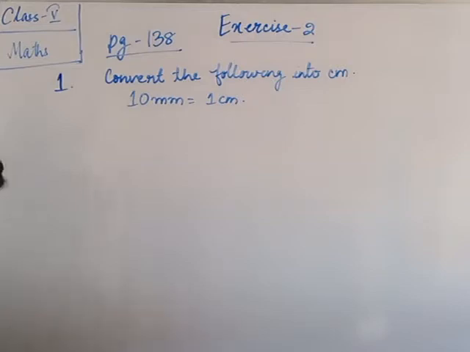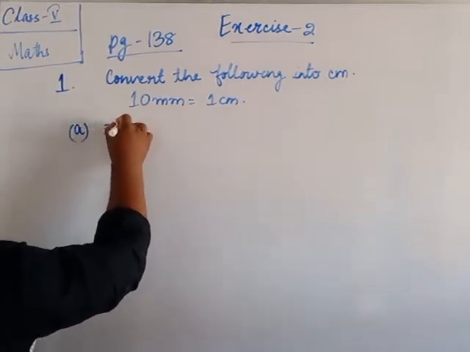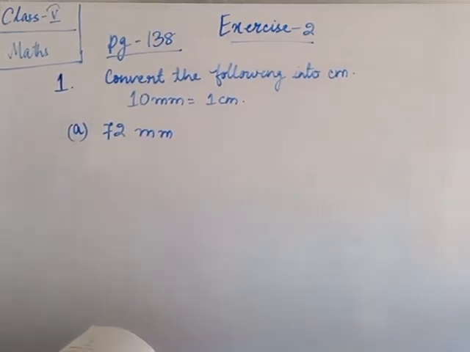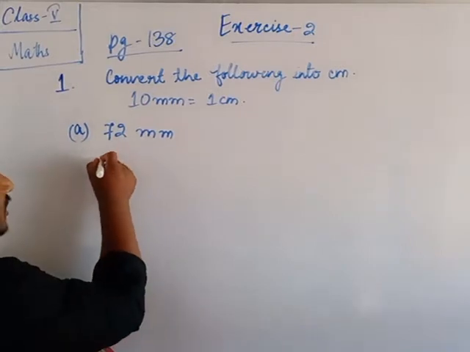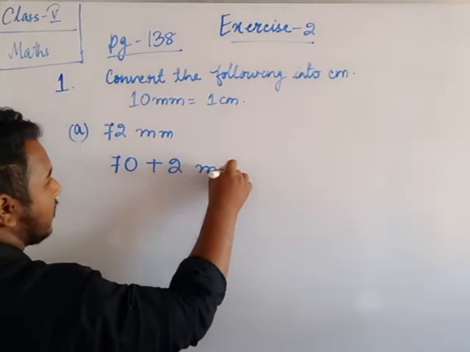Look at the first question, A number, 72 millimeter. How are we going to write it? Very simple. First we write it as 70 plus 2 millimeter.